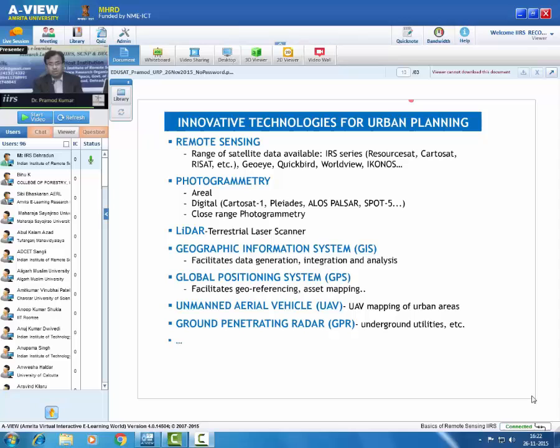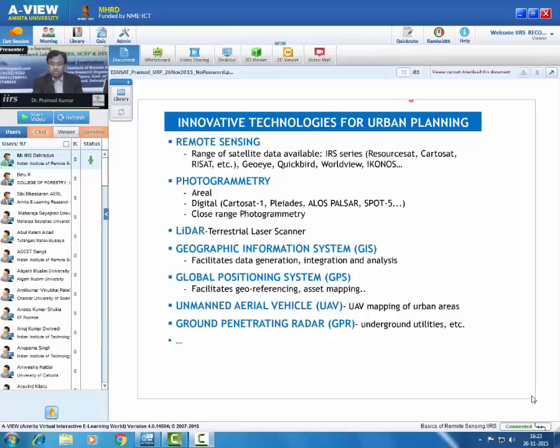We can also collect the data using global positioning system, because higher resolution satellite data needs GCPs of higher order. So in that sense, we require georeferencing using global positioning system. This GPS or the mobile mapping unit can also help us in asset mapping.